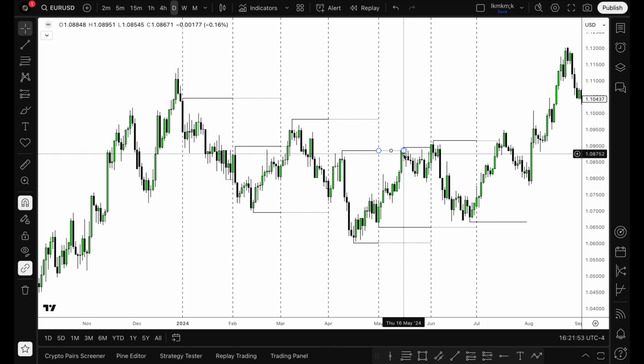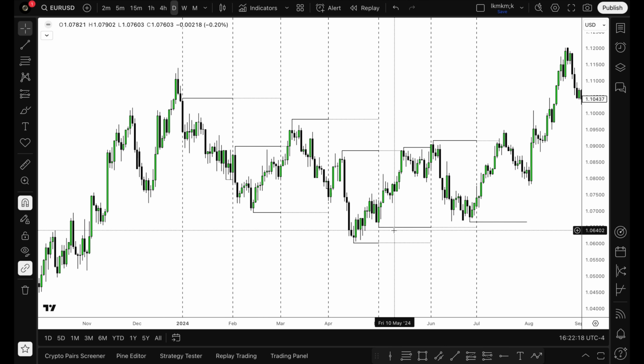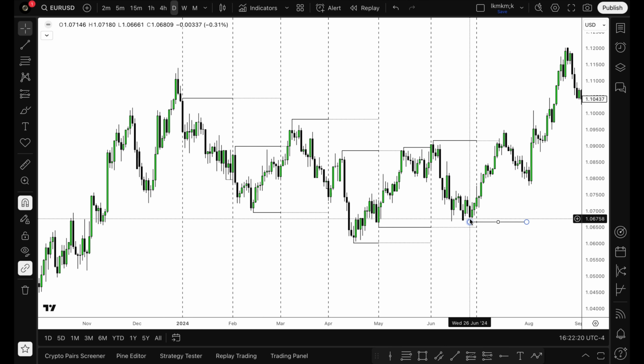Look how sensitively it reacted to April's highs. Price reached for April's highs, tapped it a bit, and then it moved lower again. And then price moved higher. June opened up. May's high got formed. Then price reacted to May's highs and then displaced to the downside, reaching for May's low, but it never really reached for it.